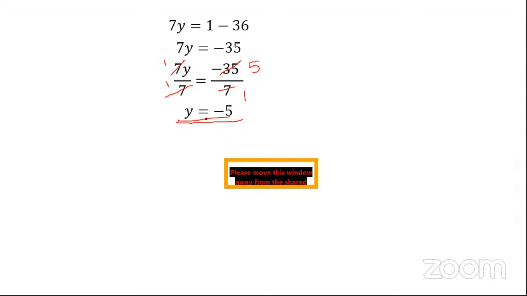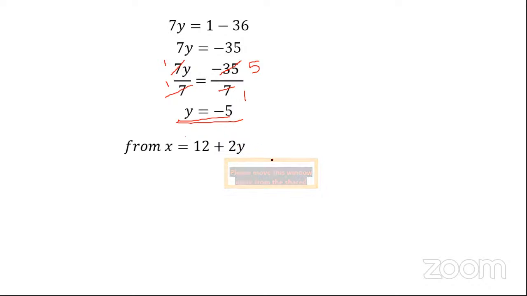So still after getting this first value, then we shall go and say our x was 12 plus 2y. We are going to, where there is a y, substitute a negative 5.